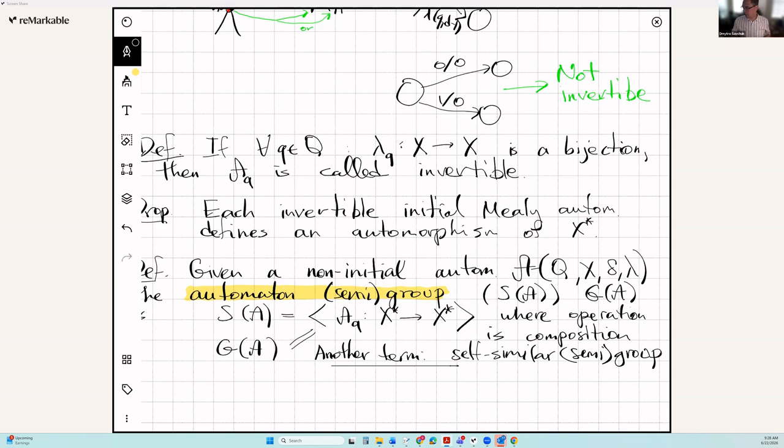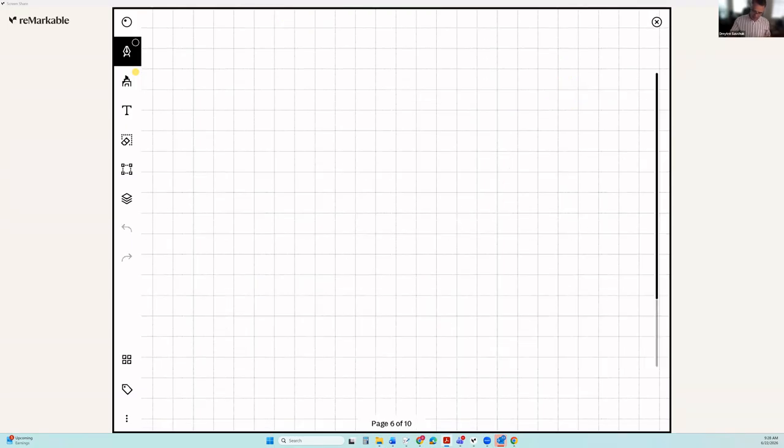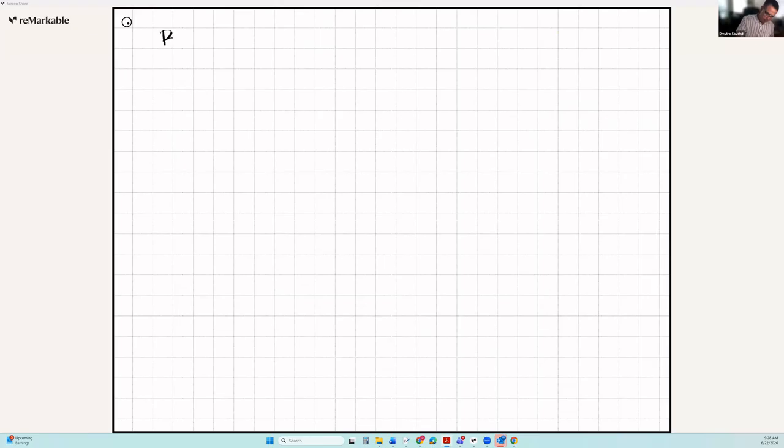All right, we don't have too much time. We started a few minutes later, so let me just do a couple of very small examples. So, baby example. Let's just take, for example, a group generated by a one-state automaton. Let's call it A, and let's say that 0 goes to 1. Instead of drawing two arrows, I will just use the same arrow and say that 1 goes to 0.